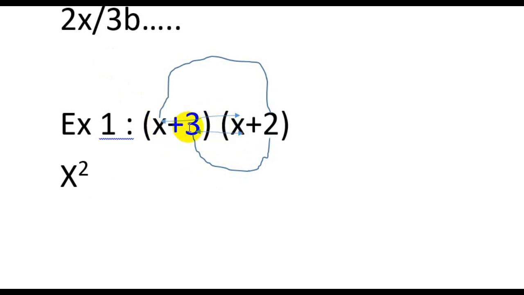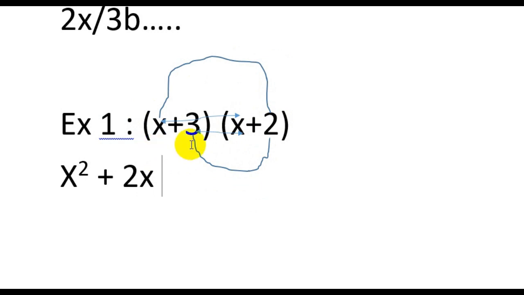As I mentioned in my previous videos, when you multiply algebraic terms, we always have to make sure of the operator as well. Here the operator is a plus sign for x, and here we have plus, so plus into plus we get plus. Then x multiplied by 2, that means 2x.